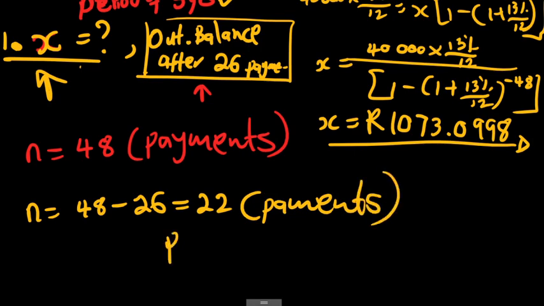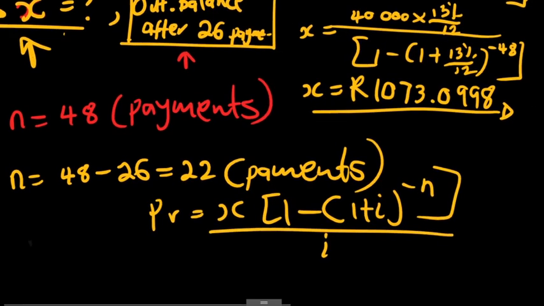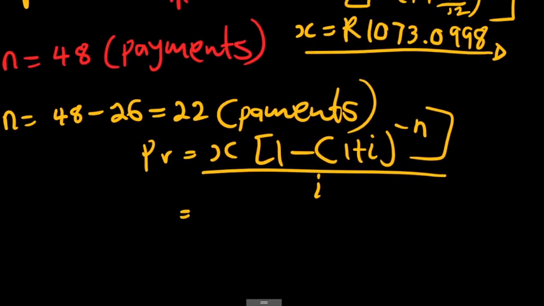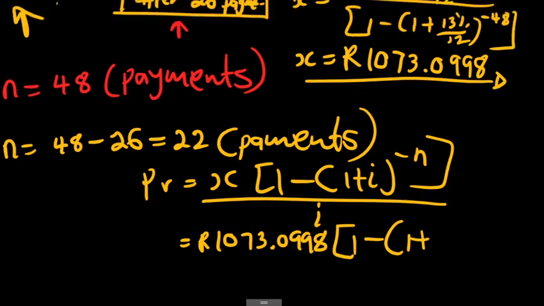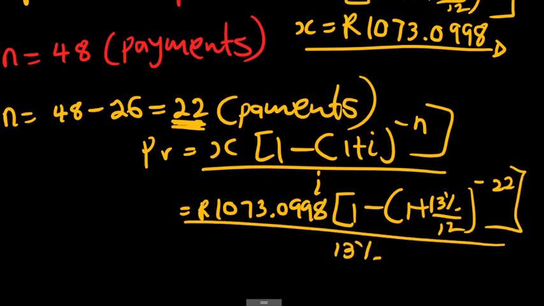And then you go to your present value formula and write down everything else. Your monthly payment is 1,073.0998, times (1 minus (1 plus 13% over 12) to the power of minus 22), divided by 13% over 12. So your PV is literally your outstanding balance.